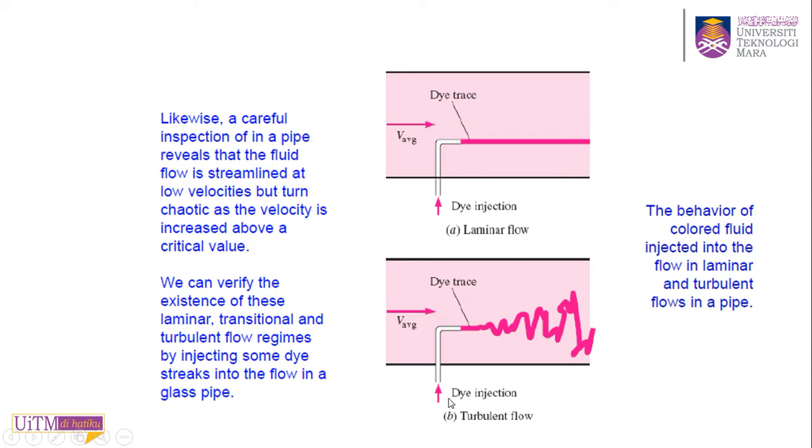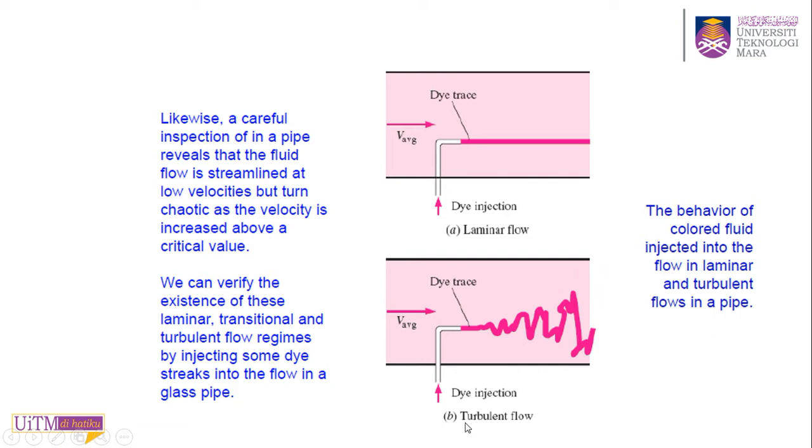But when you do it for the turbulent flow, when you inject the dye through this pipe and the velocity becomes higher, you can see the dye first will move in laminar flow. This part is still laminar. After that it changes to the transition and then it will become turbulent.